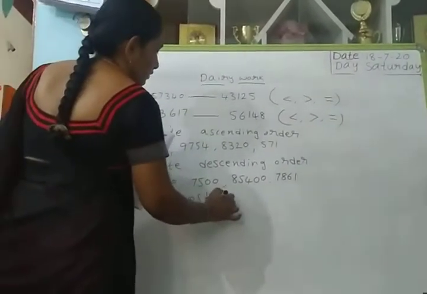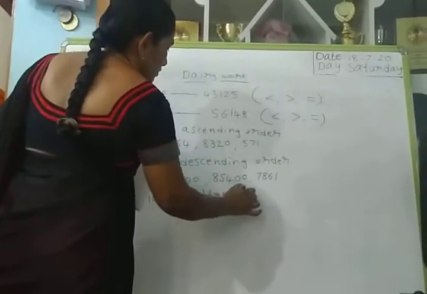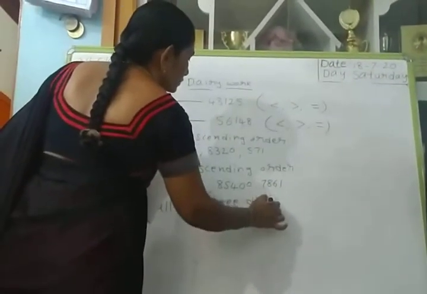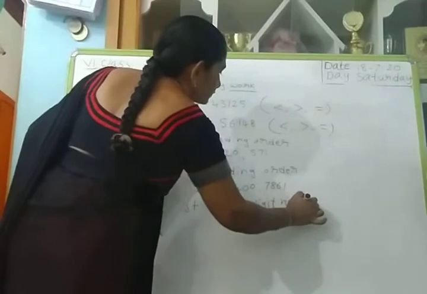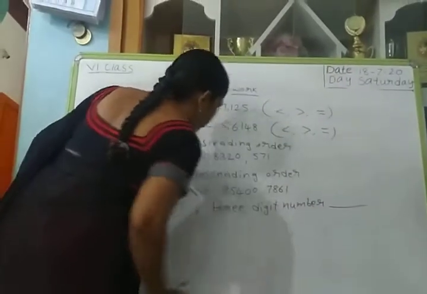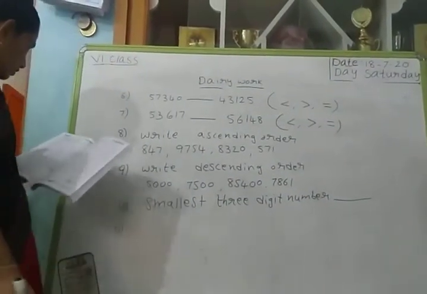The smallest 3-digit number is. Next, 11th question.